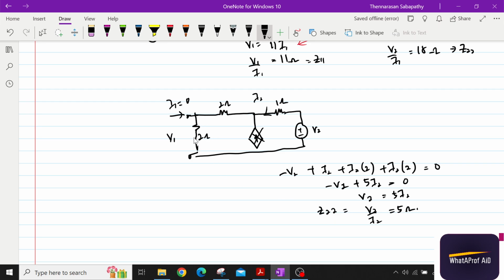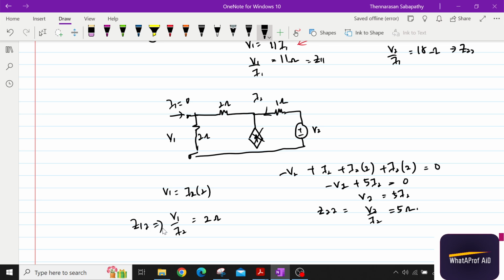And for this one, V1 equals to I2 times 2. Only this voltage across this resistance is defined as V1. So V1 over I2 equals to 2 ohm. This is Z12. So done.